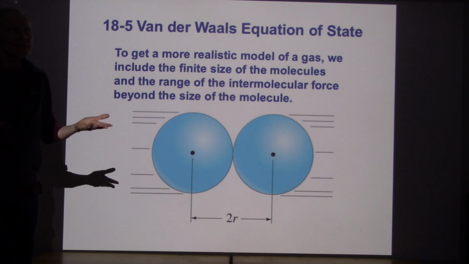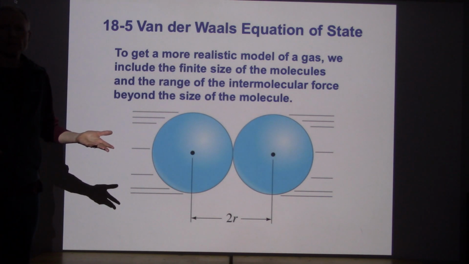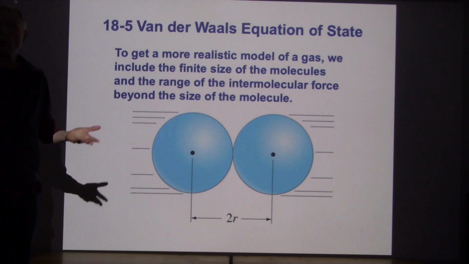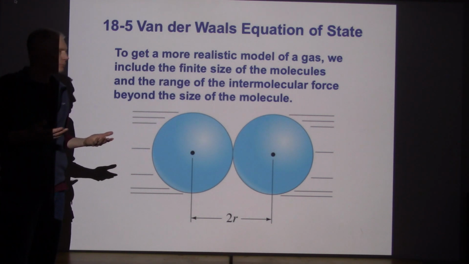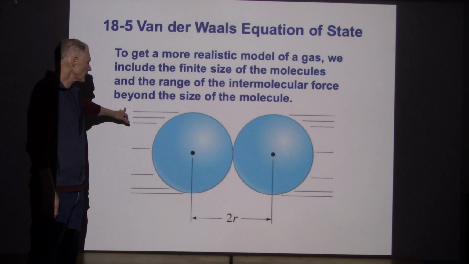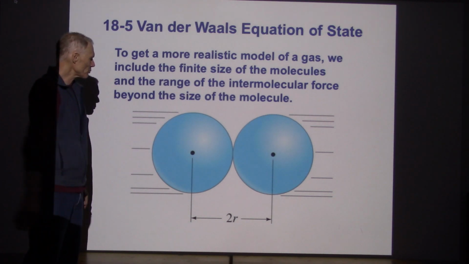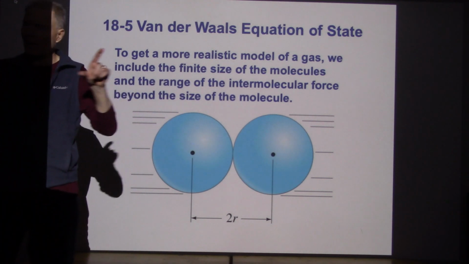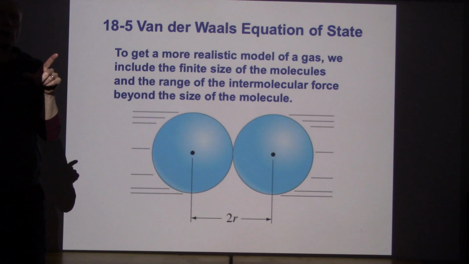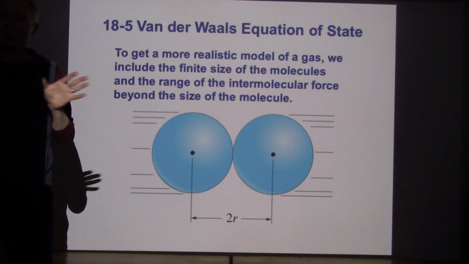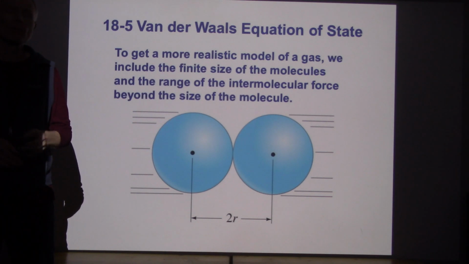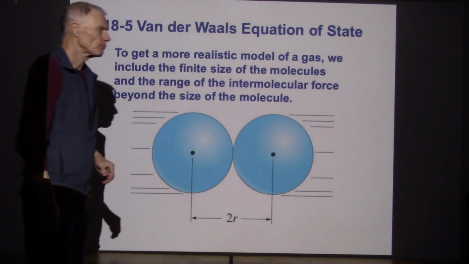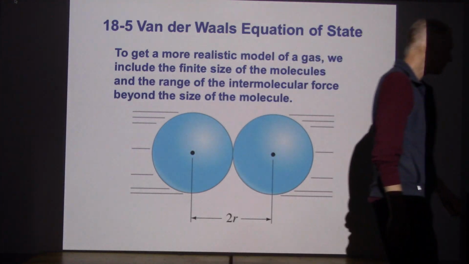It's going to get numbers within 1% or so most of the time under the conditions we look at. But if we want higher levels of precision, we have to take into account that, as the picture here shows, when we have collisions between atoms or molecules, the size changes the way that collision takes place. There is an excluded volume of those gas molecules.